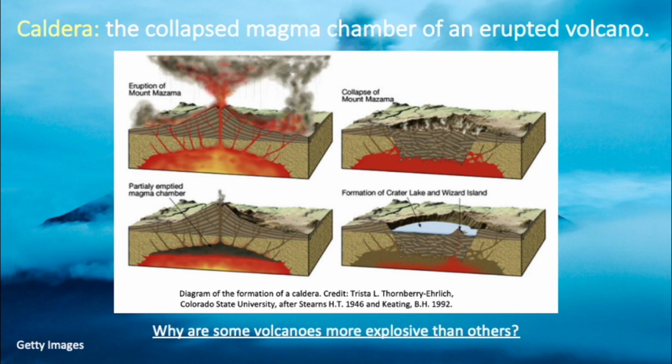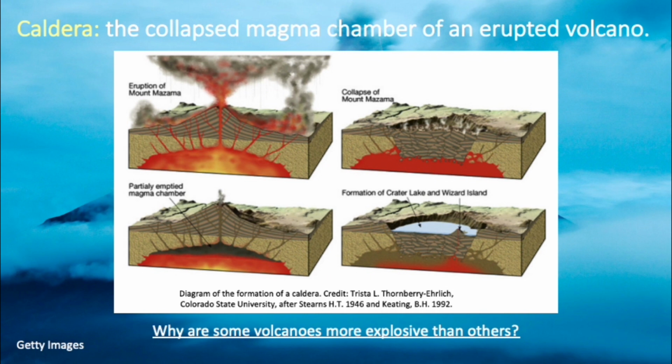So you'll have a lot more room for the rock to collapse into, and you'll see a huge elevation change in a large caldera. We'll take a look at two examples, Mount St. Helens and Krakatoa.